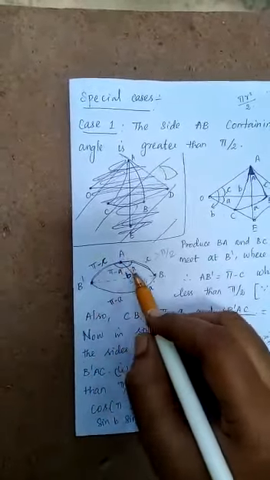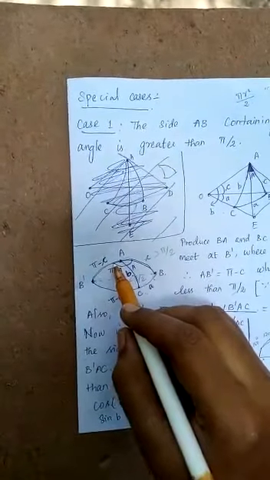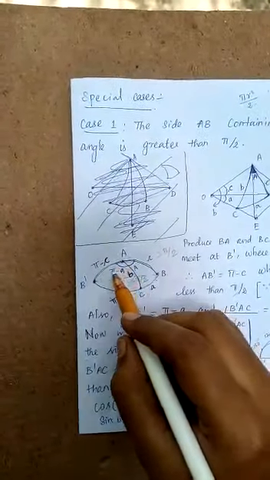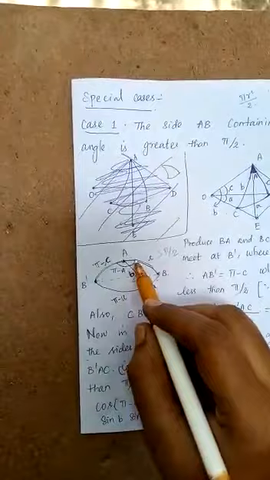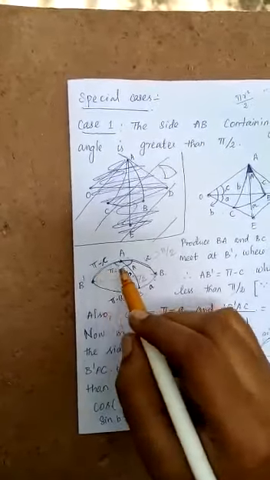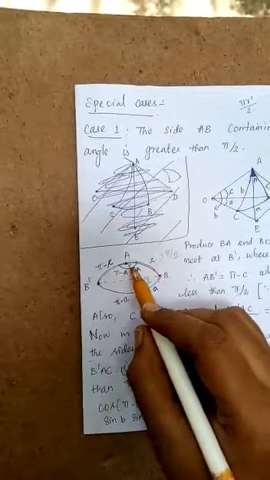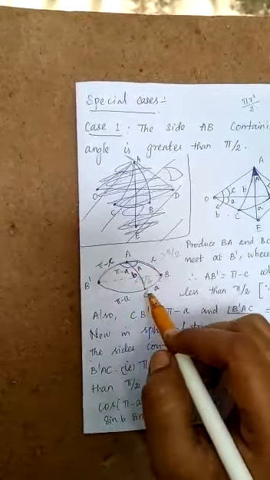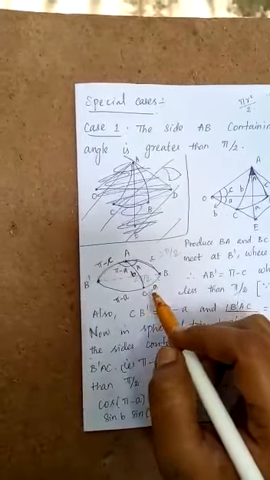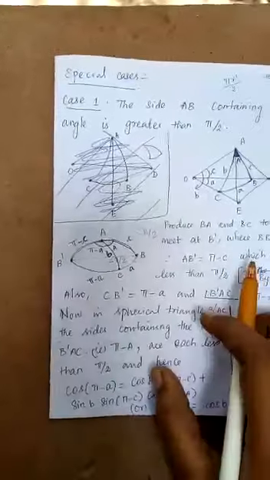Then we get another spherical triangle B dash AC, where this angle is pi minus A. We know that this angle is pi, so the remaining angle is pi minus A. Similarly, this length is c, so the remaining length AB dash is equal to pi minus c. Here also this length is a, so the remaining length is pi minus a.